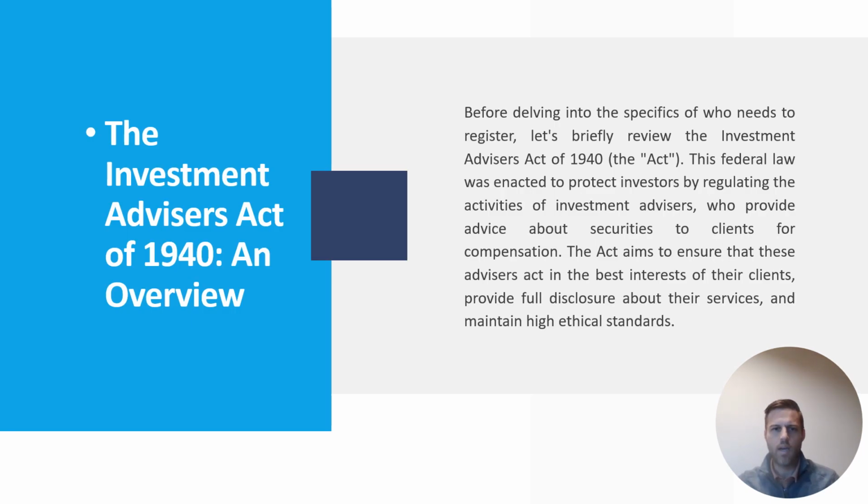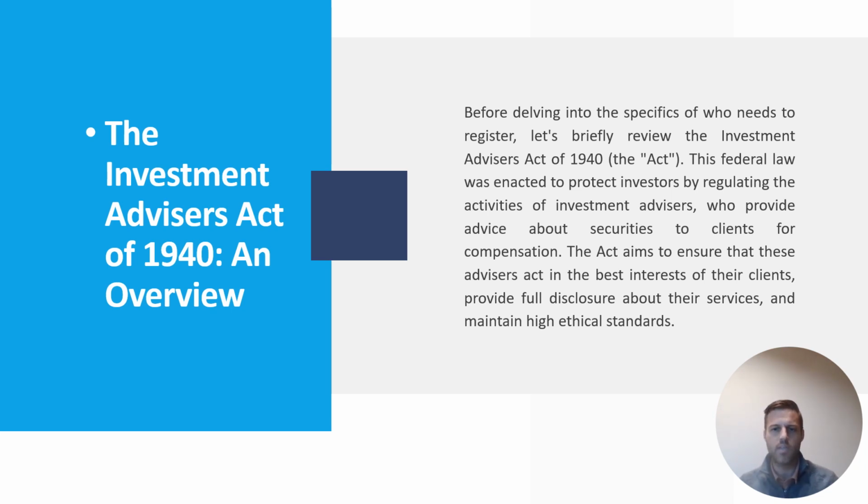So to begin with, the Investment Advisors Act, as an overview, is the regulatory scheme at a federal level by which investment advisors are regulated in the United States. In a later episode, we're going to be talking about the difference between SEC or federal registration versus state registration.